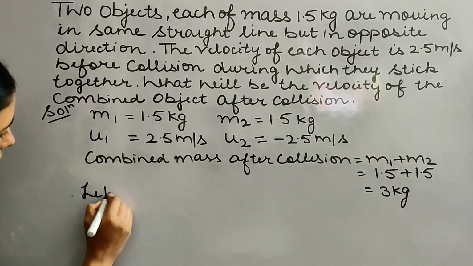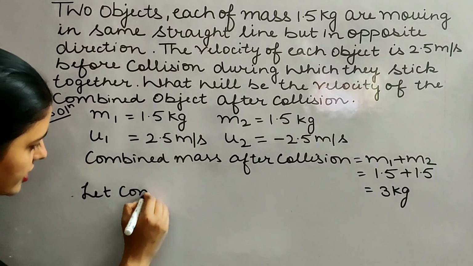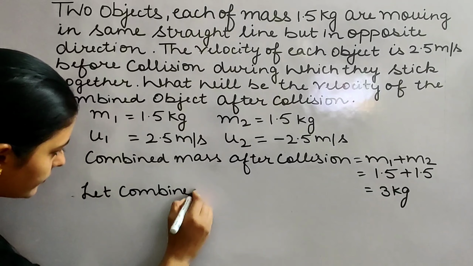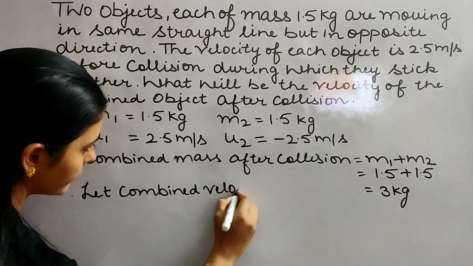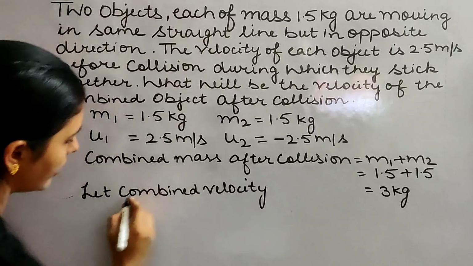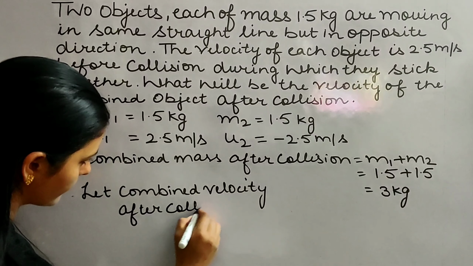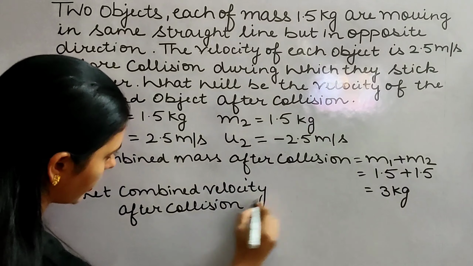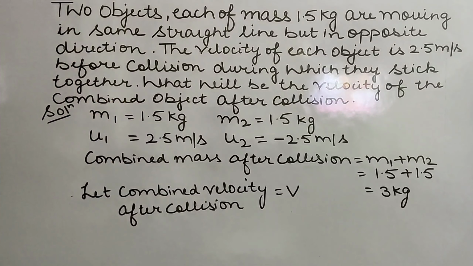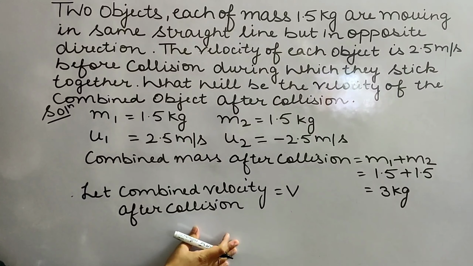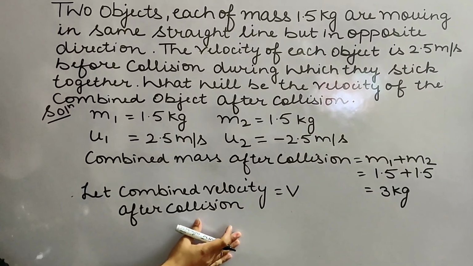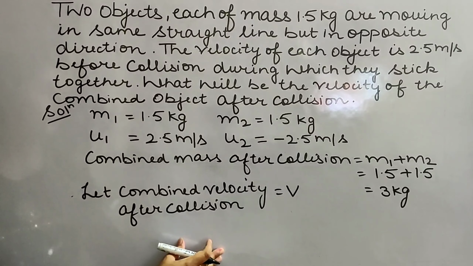Let the combined velocity after collision be v. Now you have to use the principle of conservation of momentum, that is total momentum before collision is equal to the total momentum after collision.